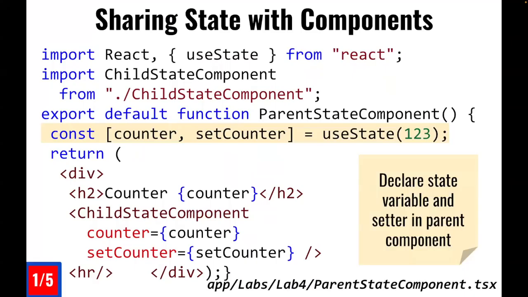The question is, perhaps a form might be too complex to implement in a single page. It might have payment information, billing information, shipping information, credit card information, all in one page, and that's probably way too complex.